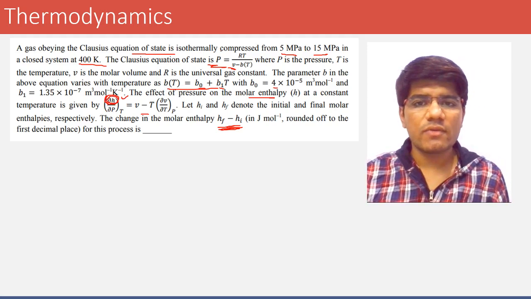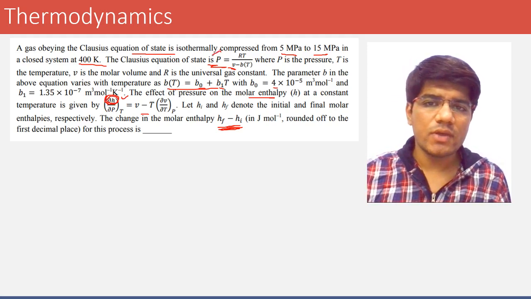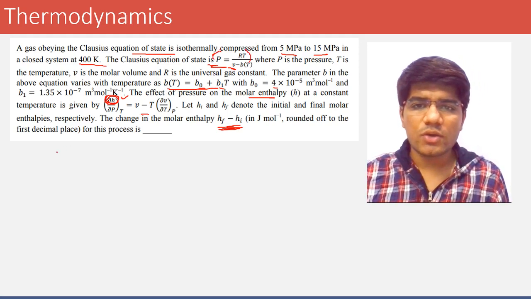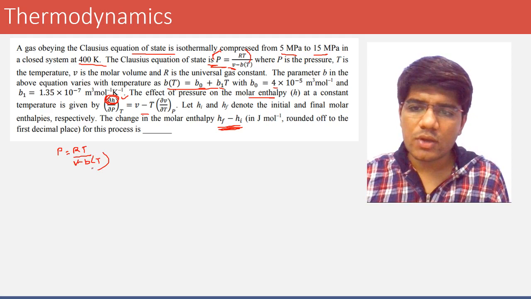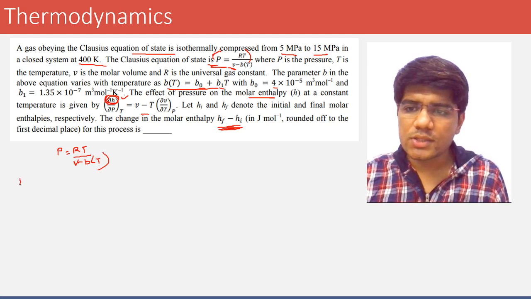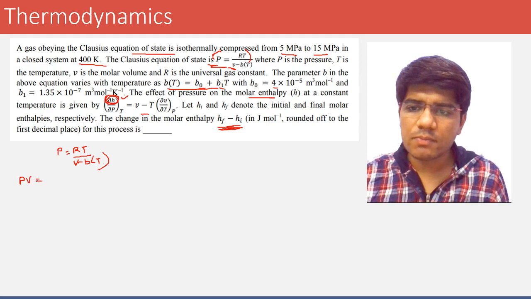So for this delta H, we are given the Clausius equation of state, which is P equal to RT upon (V minus B of T). If we solve this equation, by cross multiplication, (V minus B of T) into P equal to RT.